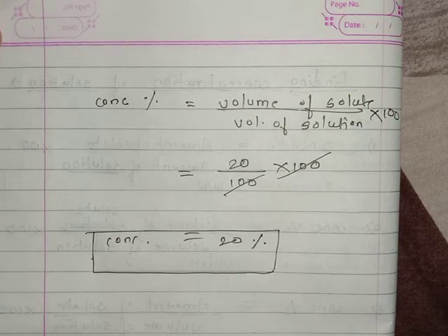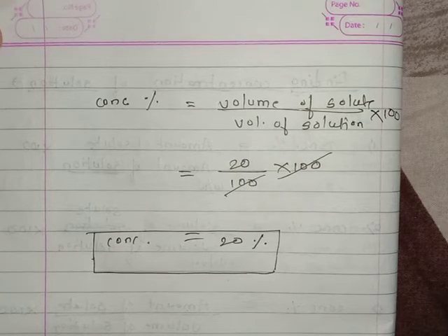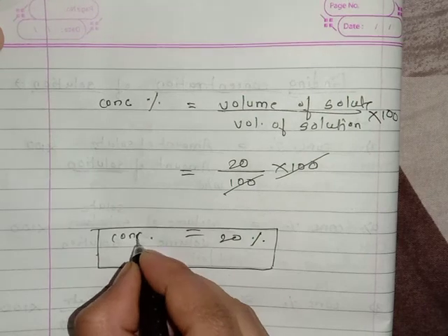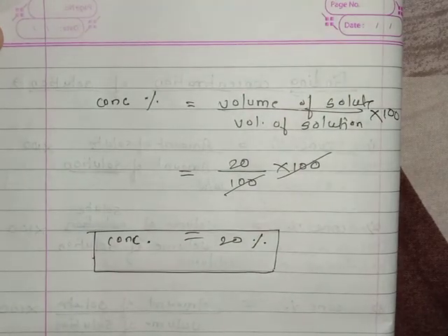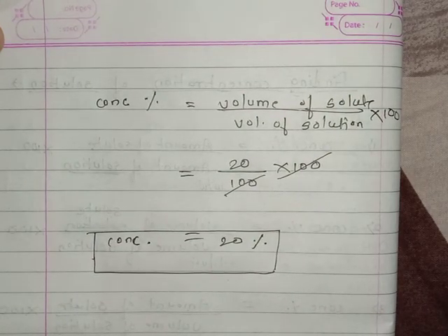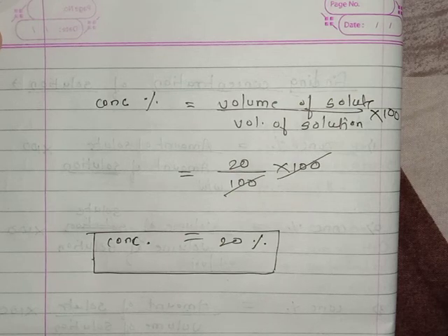At that time there is no need to add both the values. You can directly put the value of solute and solution in the given formula and easily find out the concentration of solution. So children, a lot of examples are given in the S. Chand book as well as in the NCERT book, so you can go through those and find out the concentration of various samples.